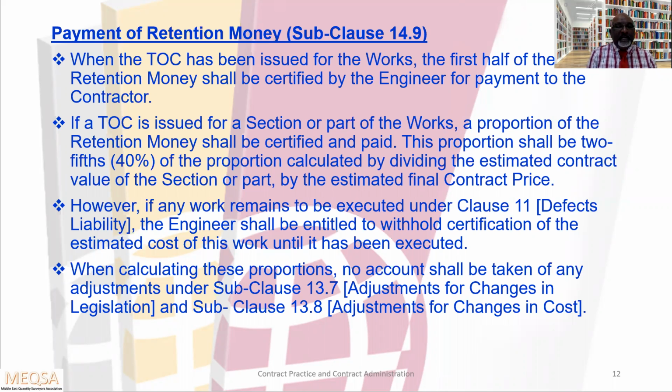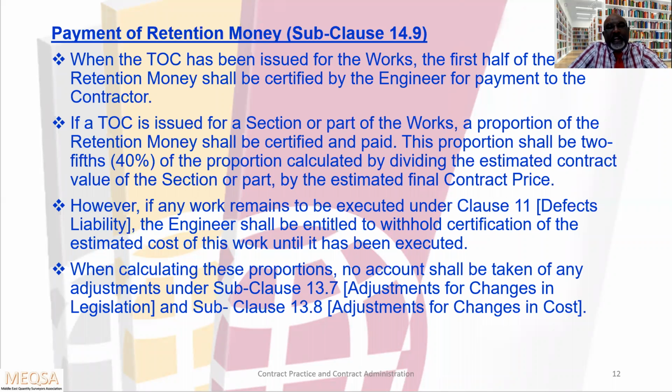The second one: if a TOC, taking over certificate, is issued for a section or part of the work, 40%, they will calculate that, they will estimate that portion of that amount, and the 40% is calculated by dividing the estimated contract value of the section or part by the estimated final contract price.